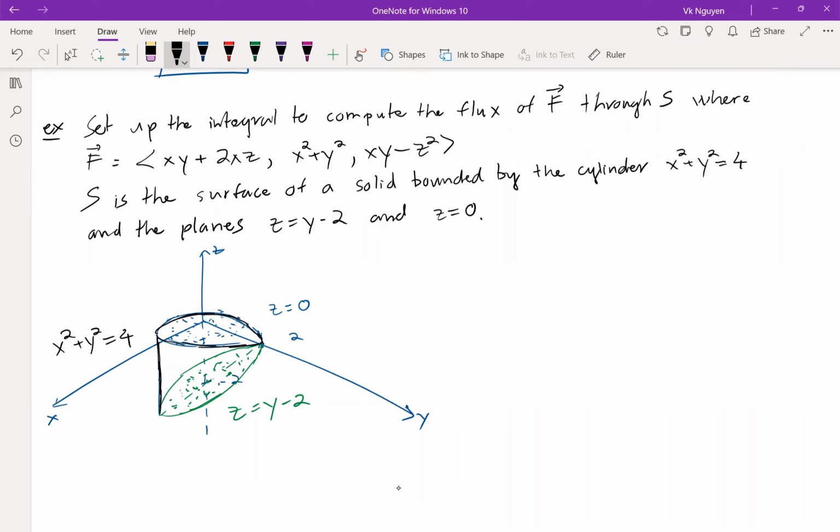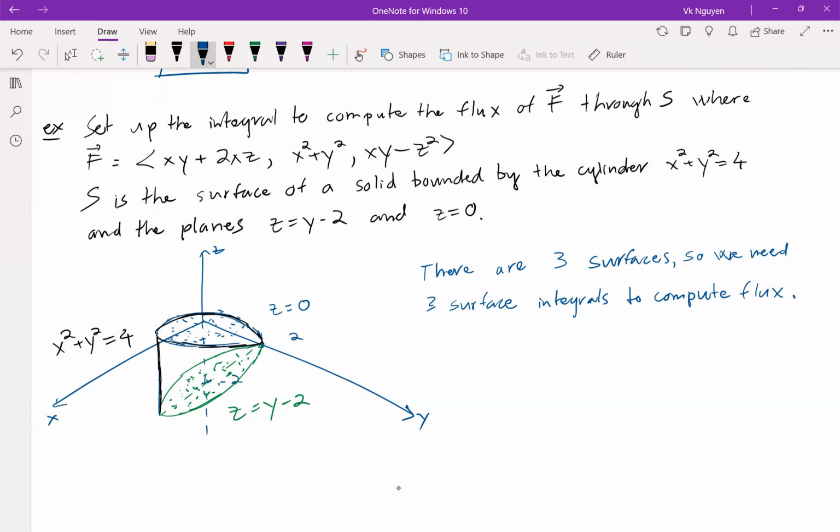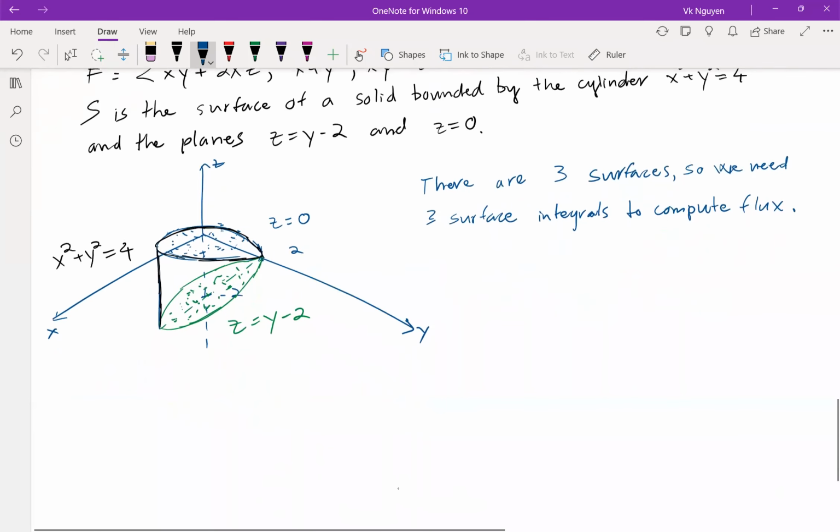So the flux has to go through 3 surfaces, so we need 3 surface integrals to compute the flux. Everybody okay with this one? You need 3 of them, right?